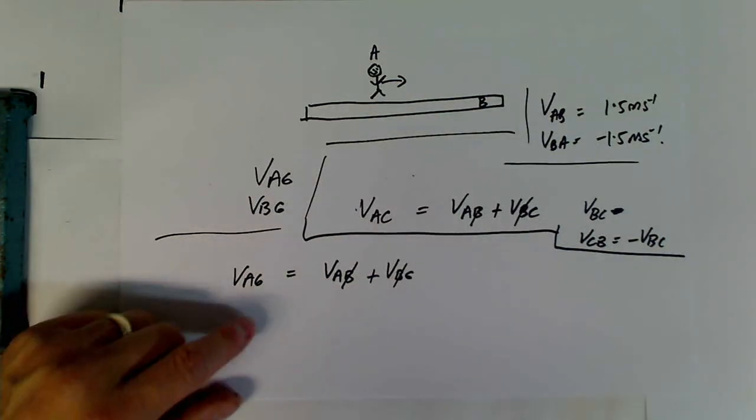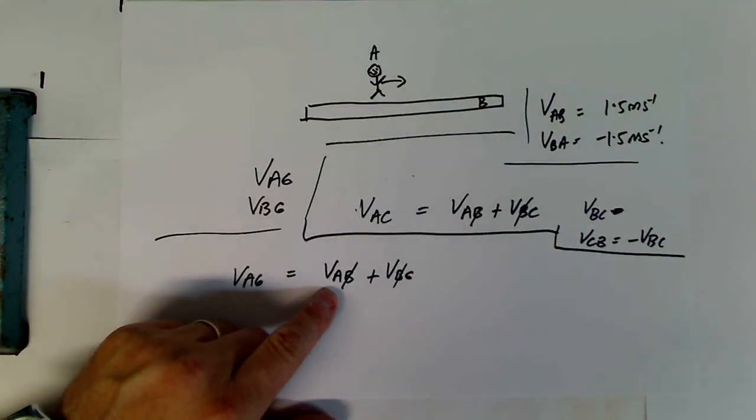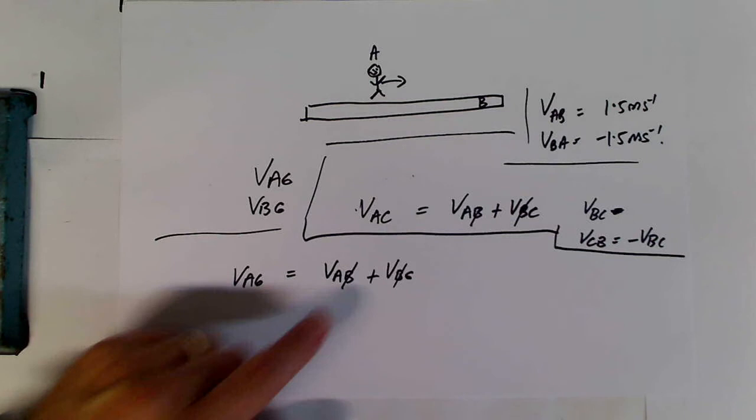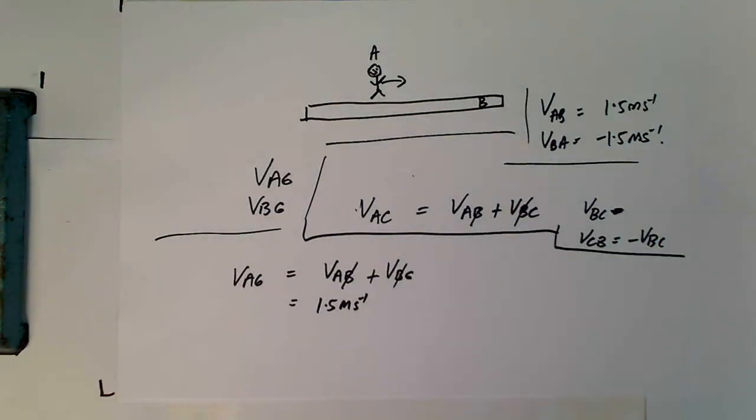Now what we do have here is definitely VA relative to B. That was 1.5, so we could say that's 1.5 meters per second. But we don't know VB relative to ground and VA relative to ground. So we need to get some sort of information to help us with that.